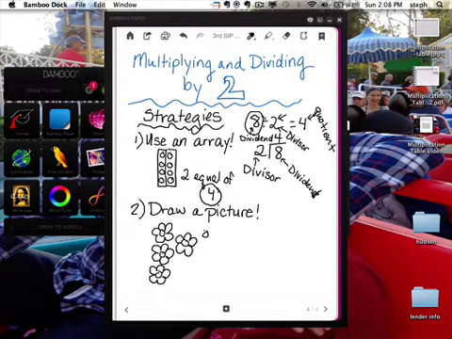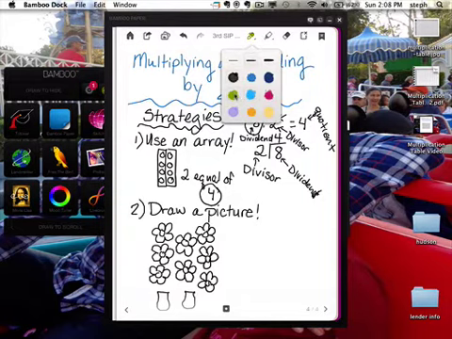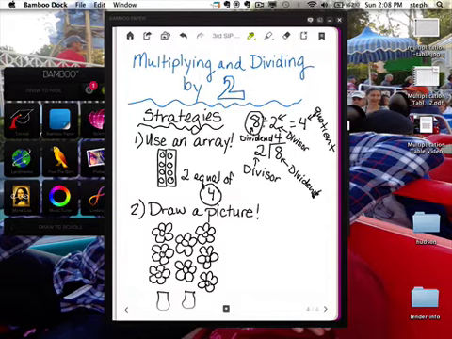So there's 4, 5, 6, 7, 8. Okay, and let's pretend I have 2 vases. So here's 1 vase, and here's 2 vases. And I'm going to change my color to green because I'm going to put their stems. Okay, so I need to divide all these flowers into 2 vases.